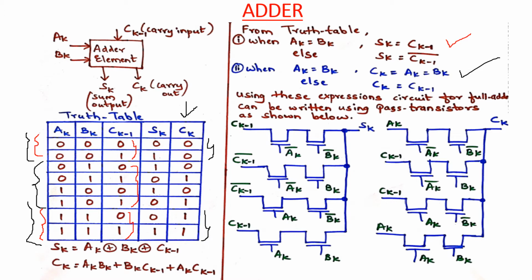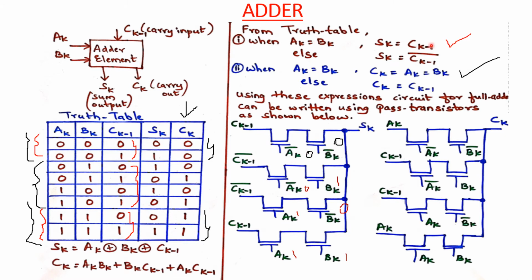The next combinations, this is for 0 0, 0 1, 1 0, 1 1. When both A and B are 0 0, it can be written as A bar B bar. So both A and B are the same.